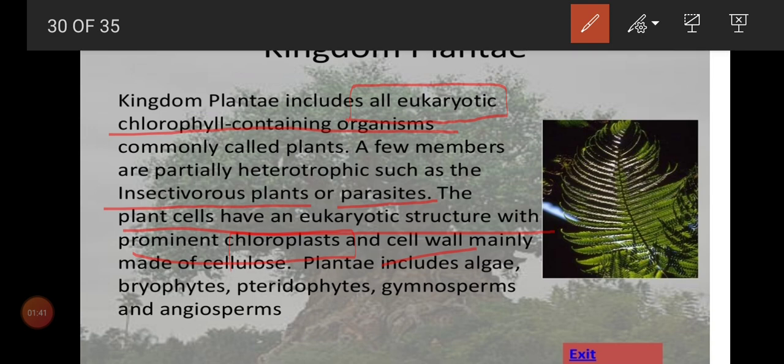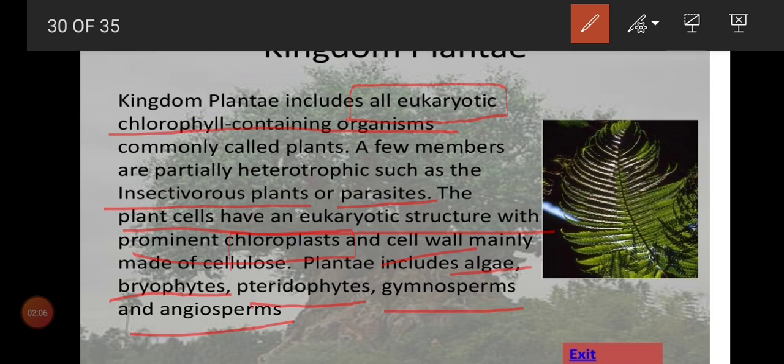And what all comes under the Plantae kingdom? The Plantae kingdom contains algae, bryophytes, pteridophytes, gymnosperms and angiosperms. Single celled algae alone come under Protista, children, and we can also see multicellular algae. All those multicellular algae come under Plantae.